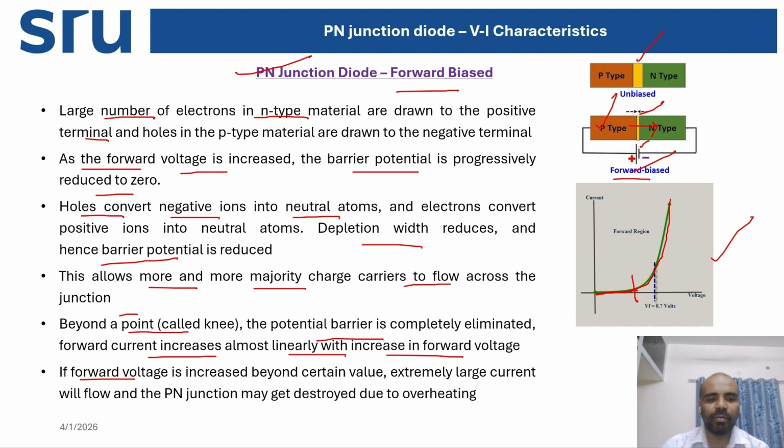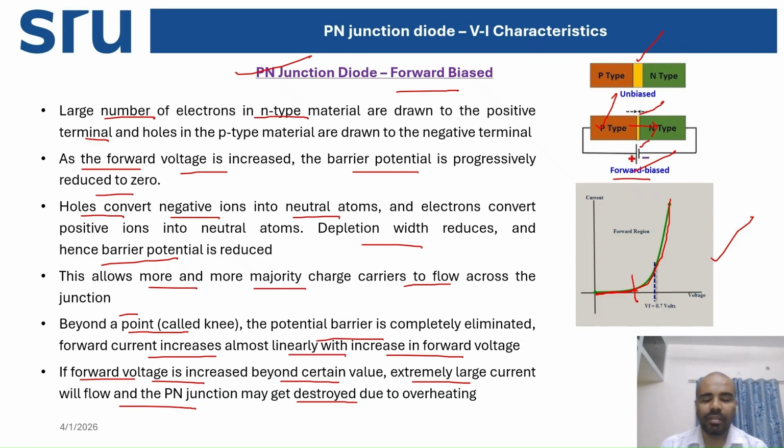If the forward voltage is increased beyond a certain value, an extremely large current will flow and the PN junction may be destroyed due to overheating. So if you increase the forward bias voltage beyond a certain limit, extremely large current will flow, which may destroy the PN junction due to the overheating effect, right?